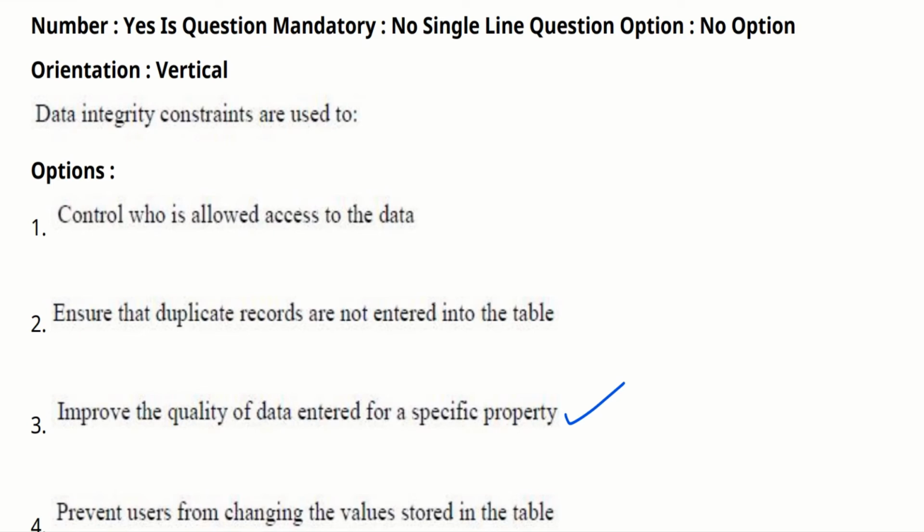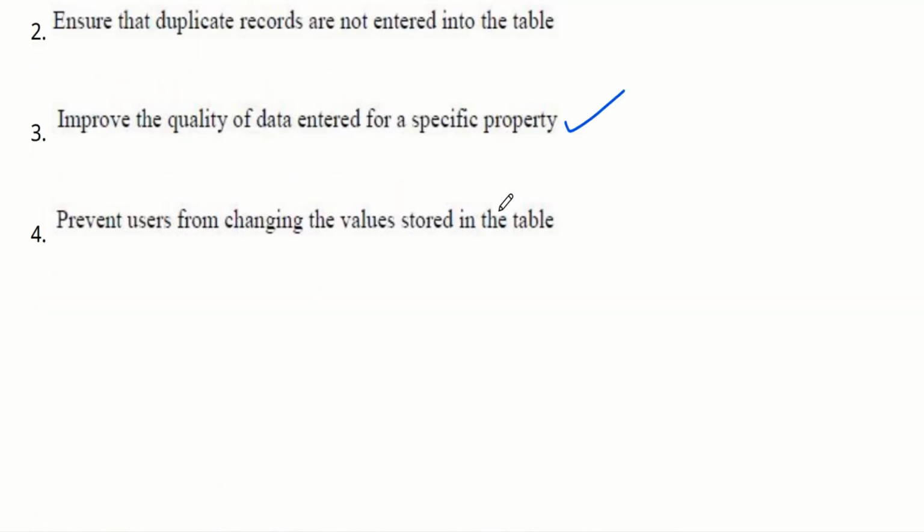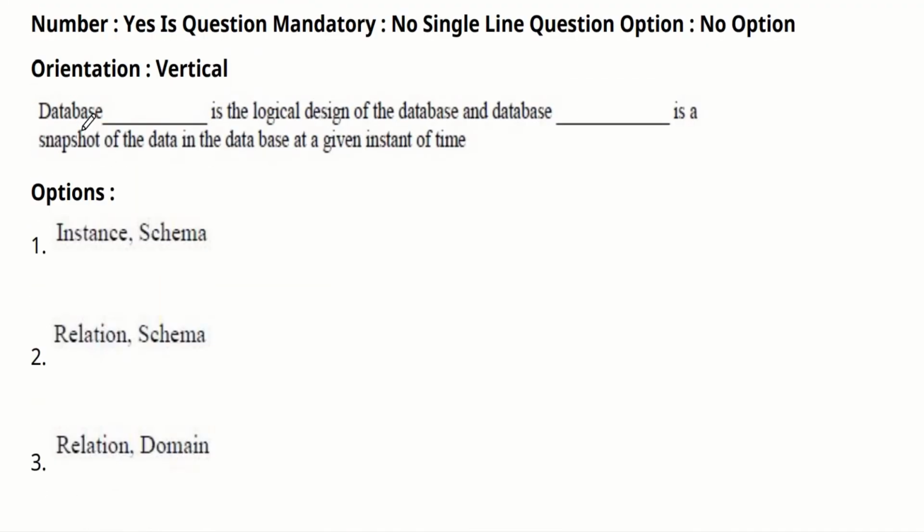Now let's get into our next question. Database is the dash logical design of the database, and database is a snapshot of the data in the database at a given instant of time. Here we have to match the options with the blanks.